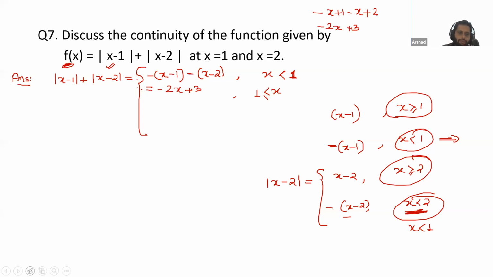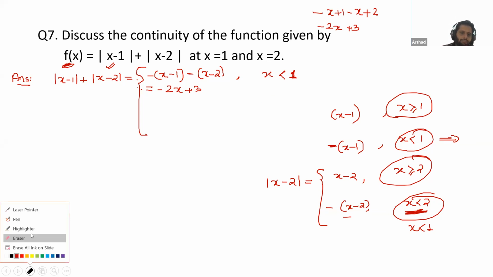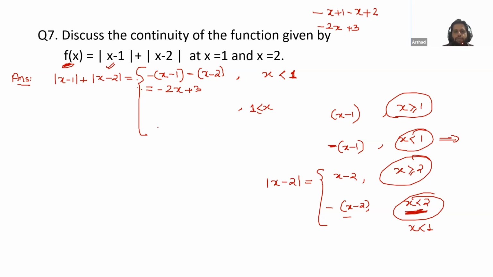Very good. So this first part is positive. I hope this is clear to everyone. You can see here, if x is greater than or equal to 1, then x minus 1 is positive.